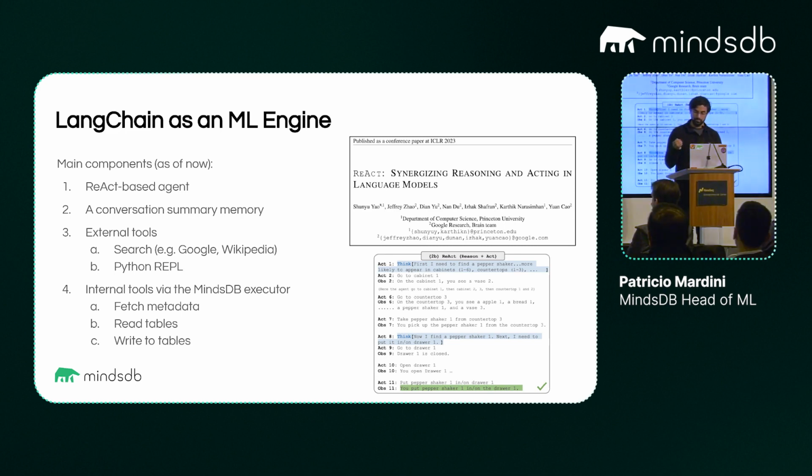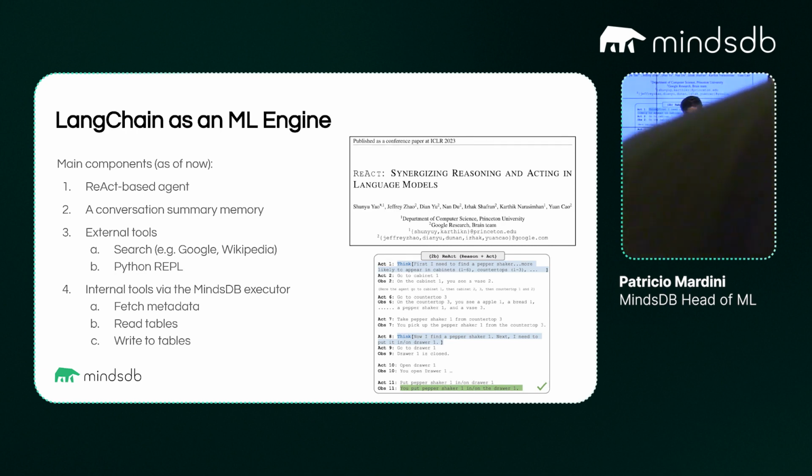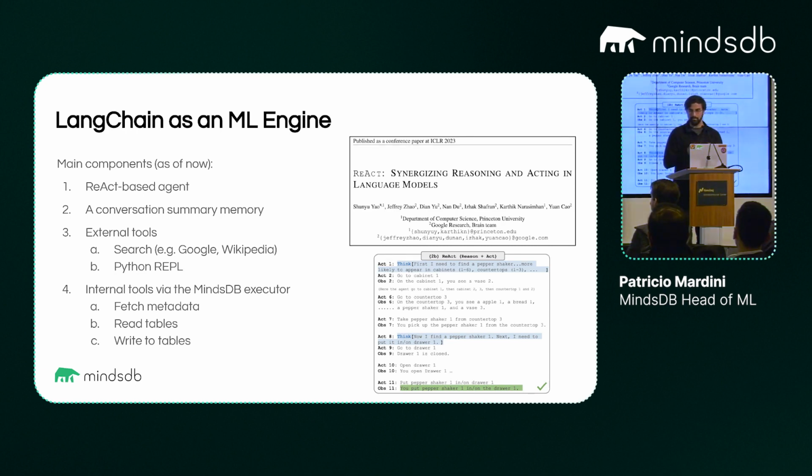And doing this, you gain access to tools that are an interface to the external world. And it's sort of a perfect blend of reasoning plus action. And this is really powerful.